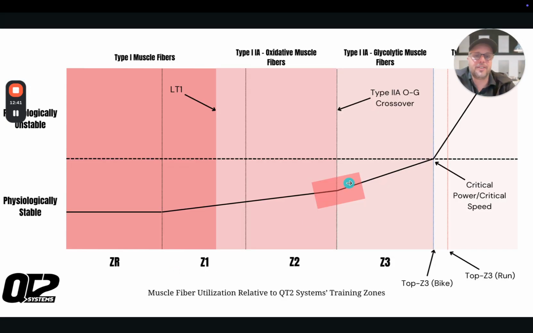From an energy system standpoint, again, kind of like our build threshold block, we are right here across the type 2A oxidative glycolytic crossover. Unlike the build threshold block, we do not have the supra critical intensity work.